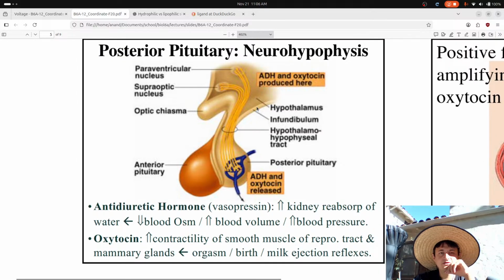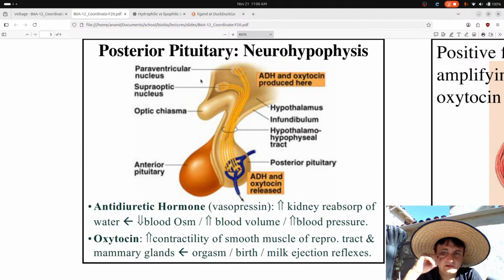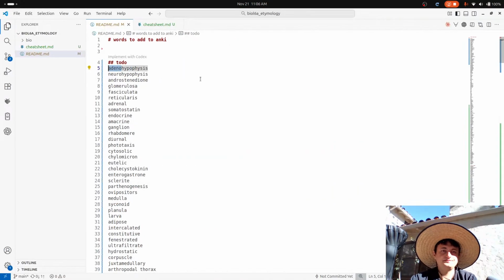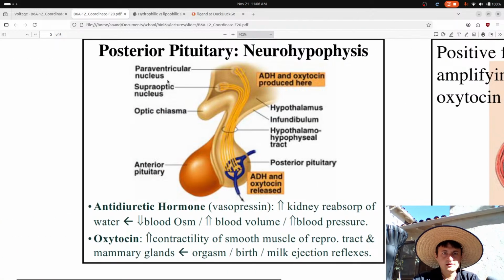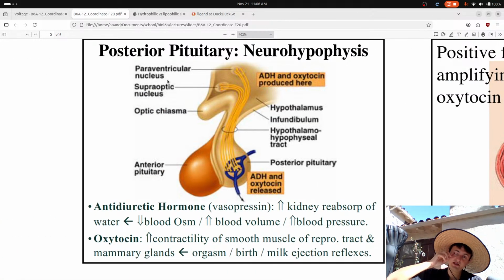If he's putting this picture here, I guess he wants us to know it. Supraoptic? I've never seen supra. Paraventricular.